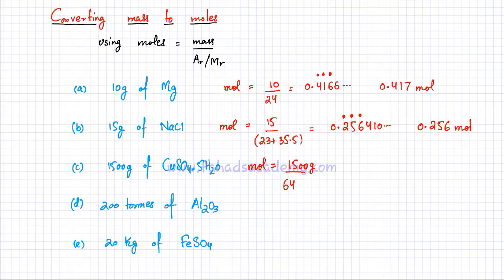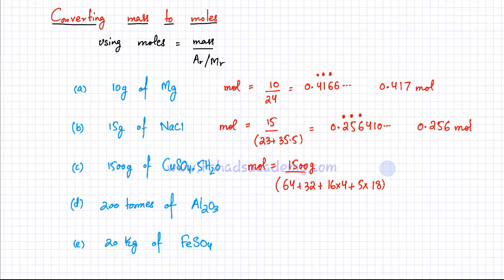Copper has a mass of 64, followed by sulfur, which is 32, and then you have 4 oxygens, so that's 16 times 4. Since it's a hydrated salt you have 5 water molecules, so that's 5 times the mass of one water molecule, H2O, which is 1 plus another 1 plus 16, a total of 18. So this is the molar mass for the molecule CuSO4.5H2O.